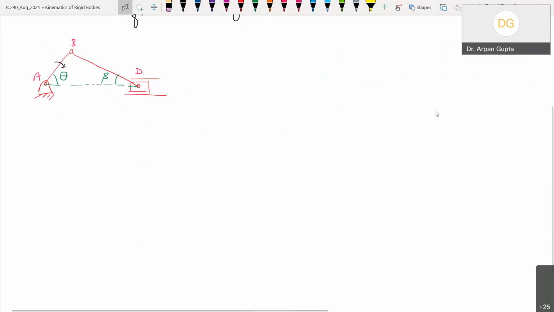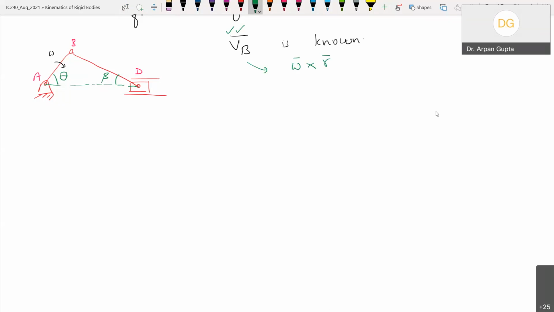Therefore, I can calculate the velocity of point B. So this is known, right? So in fact, I would put a double arrow here. So double arrow means I know the magnitude and I know the direction, right? So vectorially this is equal to your omega vector cross r vector, and more specifically r_AB vector.